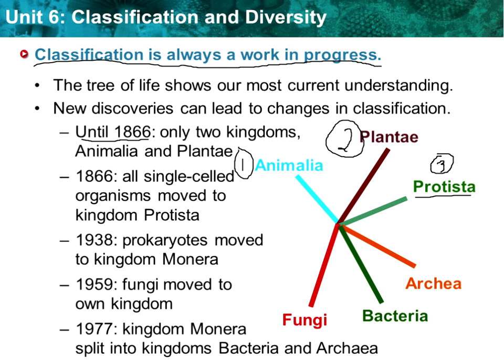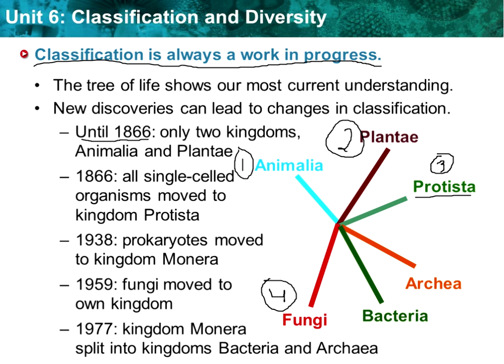Then in 1938, less than 100 years ago, prokaryotes moved to the kingdom Monera. Then in 1959, you have Archaea and fungi coming out. And then in 1977, that was only about 40 years ago, kingdom Monera split into two kingdoms, bacteria and Archaea.